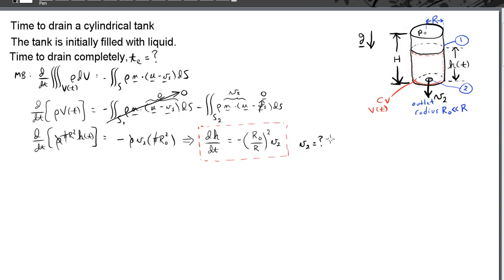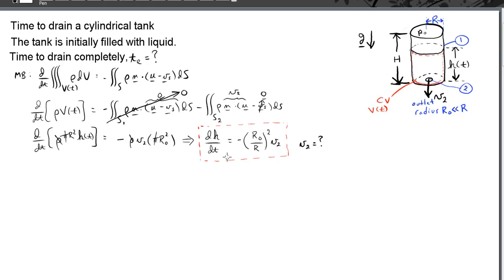And ideally, we can express V2 in terms of the height of the liquid, h of t, so we get a differential equation that involves only h that we can then integrate and solve to find h as a function of time. We can determine the time when h is equal to 0, and that tells us the efflux time or the emptying time for the tank.